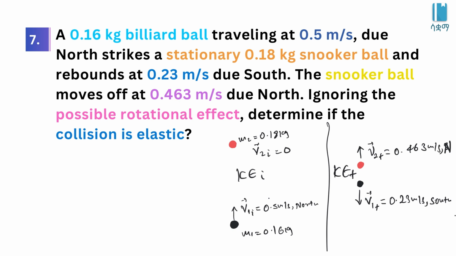So in both cases, we only depend on the magnitude of the velocity and don't consider direction, because kinetic energy is half m v squared, so half of the mass times the magnitude of the velocity squared. Next, the initial kinetic energy of our system, KE initial, is the initial kinetic energy of mass 1 plus the initial kinetic energy of mass 2, KE2 initial.